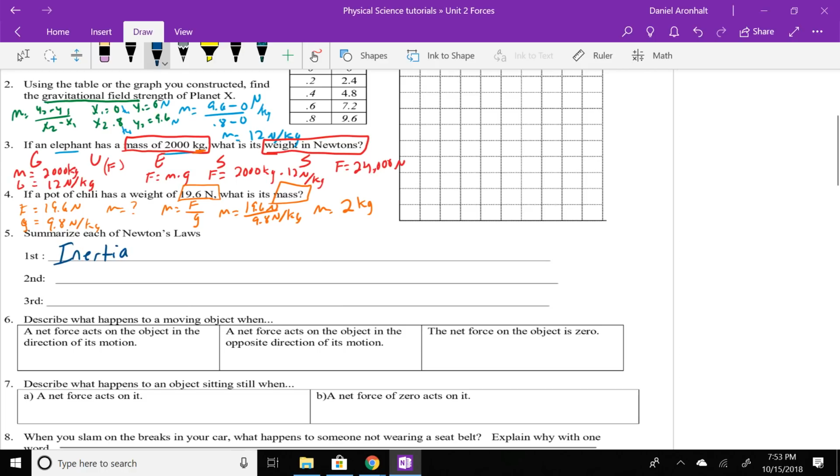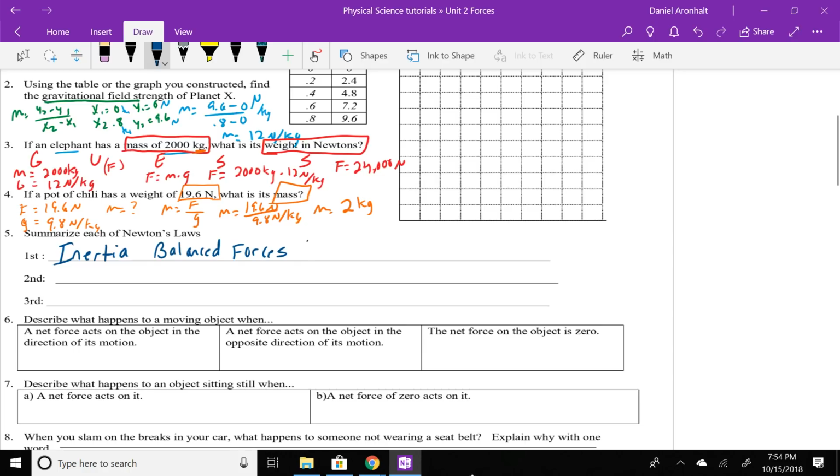And what that meant was the idea of an object won't move unless the forces are balanced. So we have these balanced forces, and the objects stay in their motion until the forces become unbalanced.